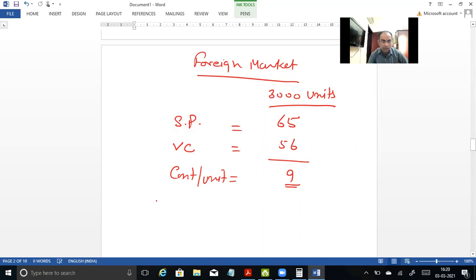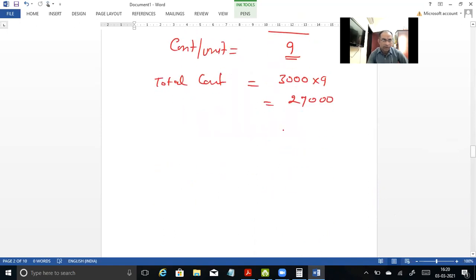So for 3000 units, total contribution would be 3000 multiplied by 9, which is 27,000. So 27,000 rupees is our total contribution, and there is no fixed cost, because the fixed cost we have already recovered in our local market. So fixed cost is nil.